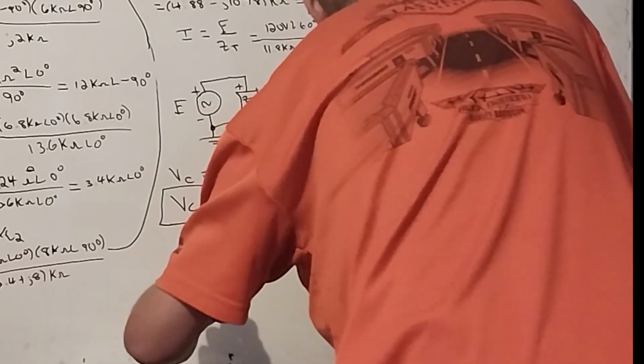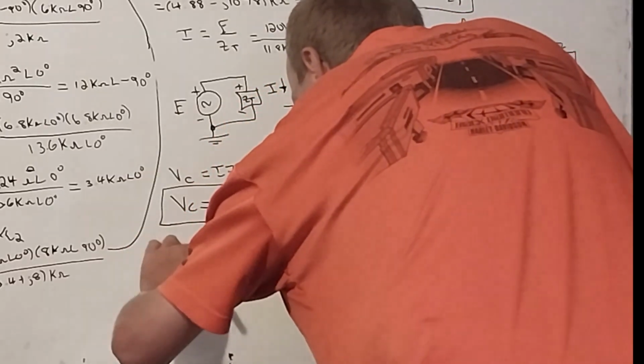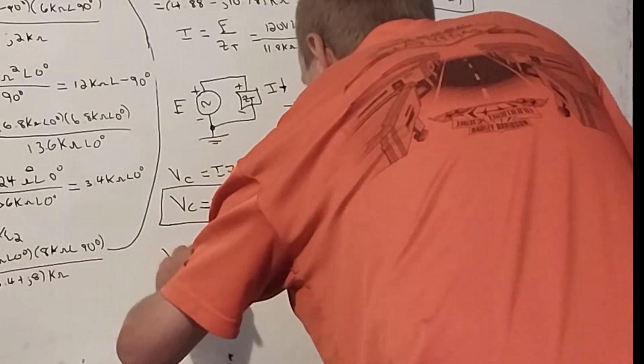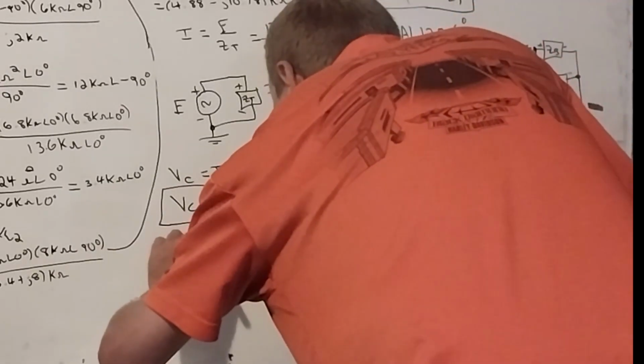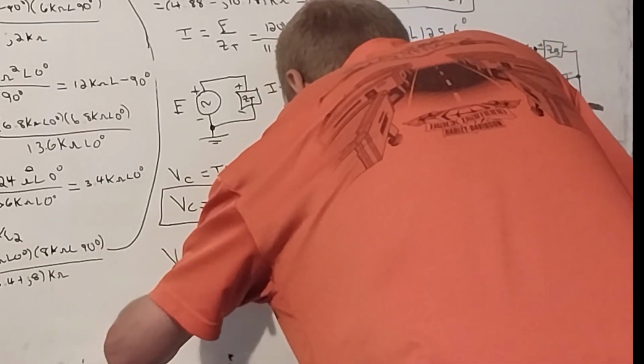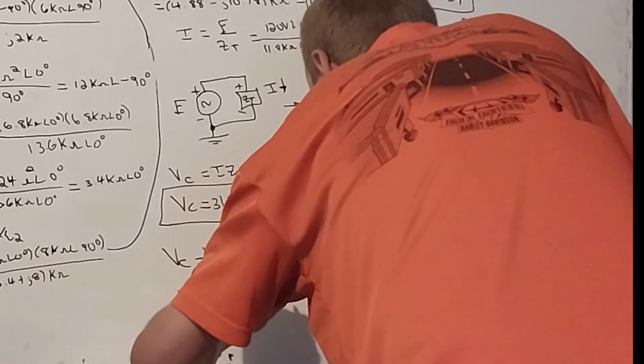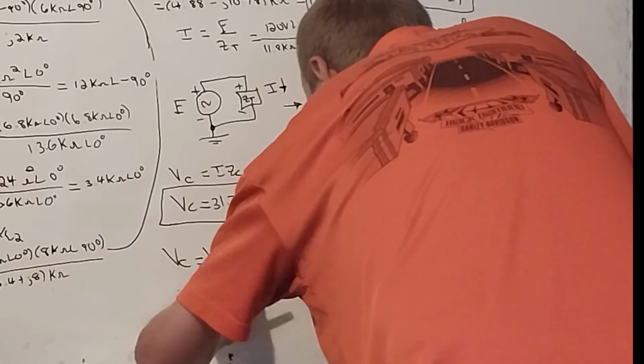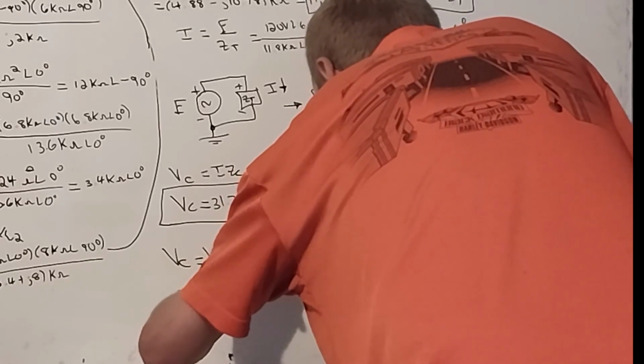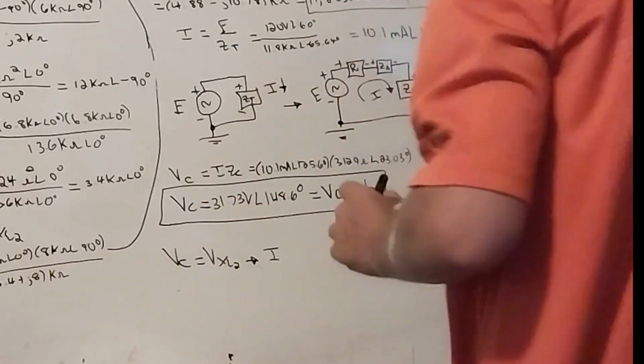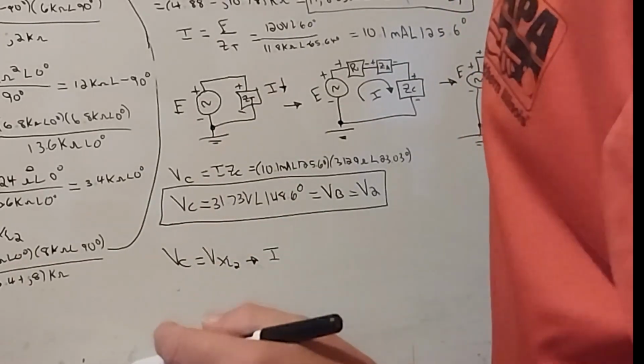So this V sub C is equal to the voltage across X of L2, and so what we're really looking for is IL.